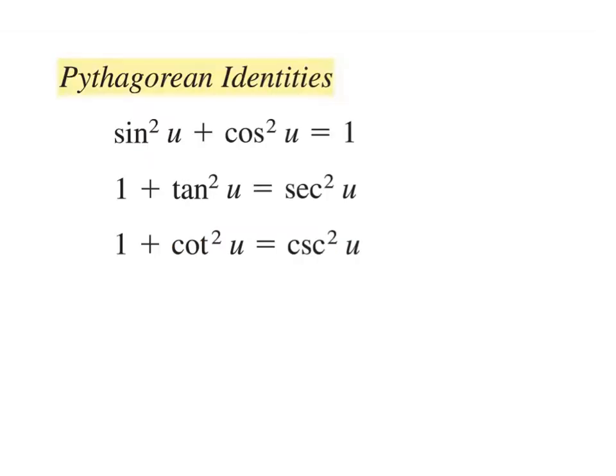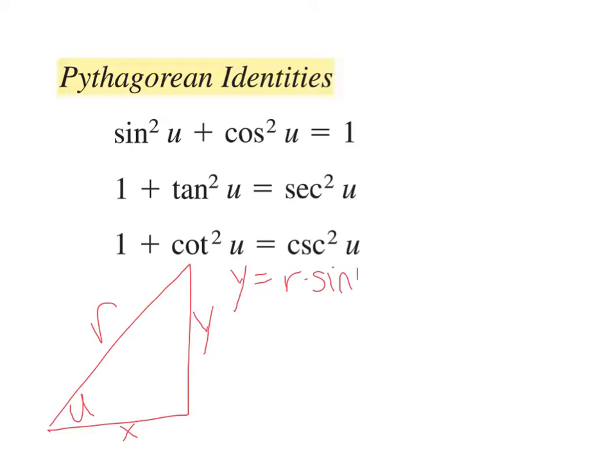Okay, your Pythagorean identities come from your Pythagorean theorem. Same triangle. We're going to call this u, horizontal x, vertical y, hypotenuse r. And we're going to have the same equations we solved for earlier. y equals r sine u, and x equals r cosine u.